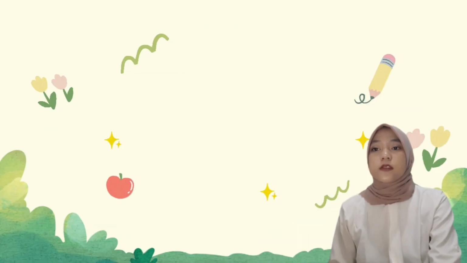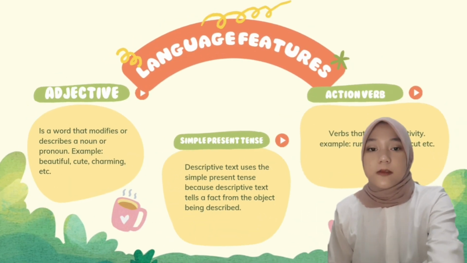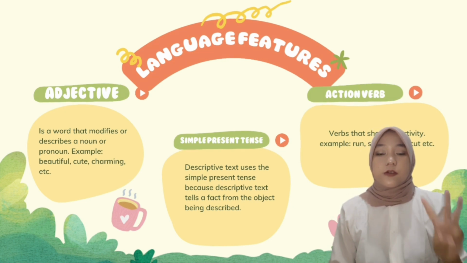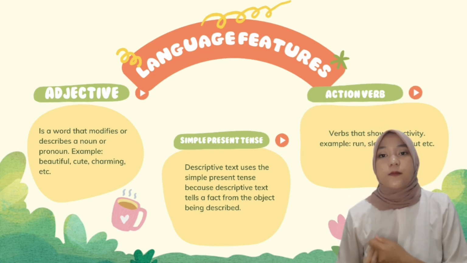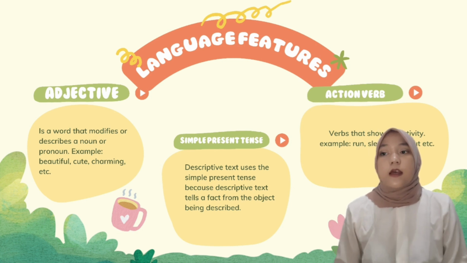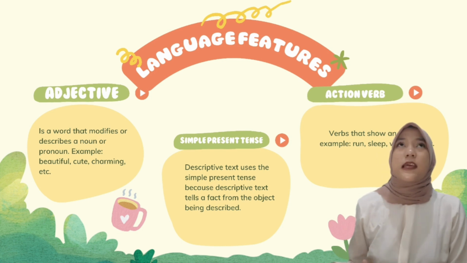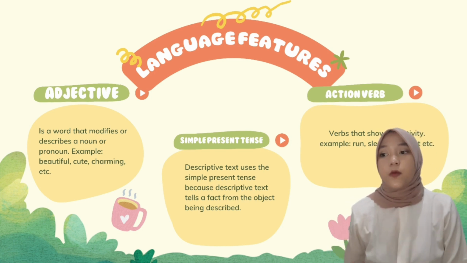And then language features. Language features of descriptive text has three. First is adjective, second is simple present tense, and then third is action verb. Adjective is a word that modifies or describes a noun or pronoun.